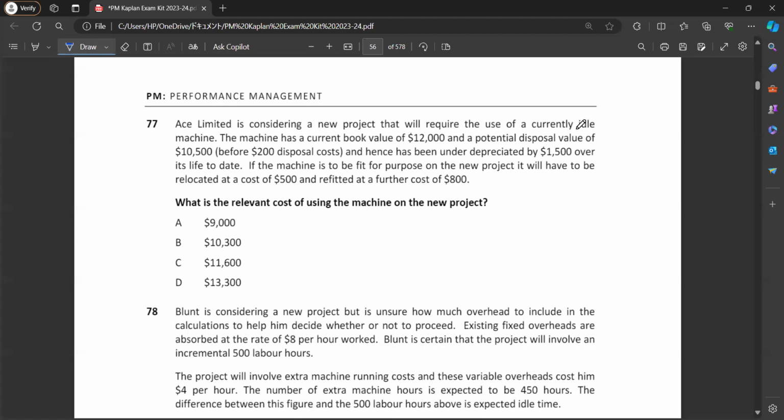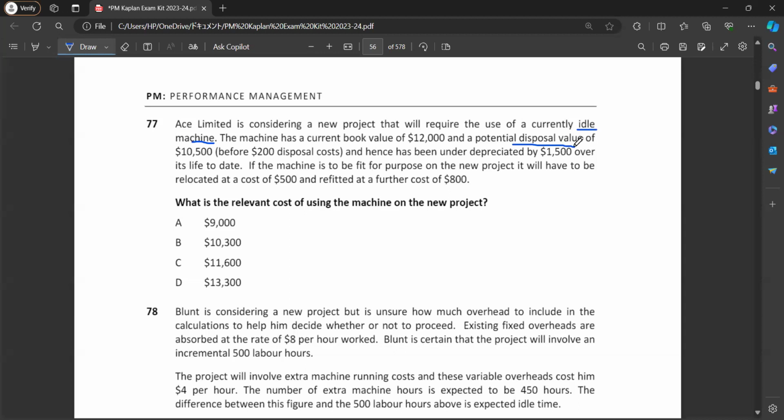See, there is an idle machine which is right now available, which can be used in this new project, but there is also some mention about the machine has a current book value of 12,000 and the potential disposal value. It can be used on this project.